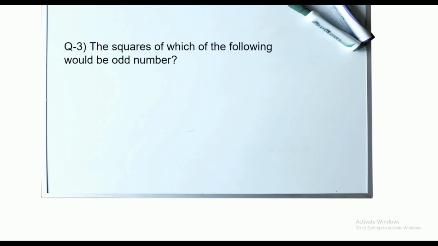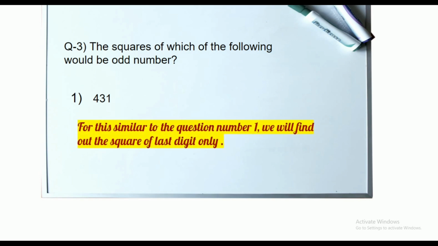Coming to the next question. The squares of which of the following would be an odd number? The very first number that is given to us is 431. For this, similar to question number 1, we will find the square of the last digit only.